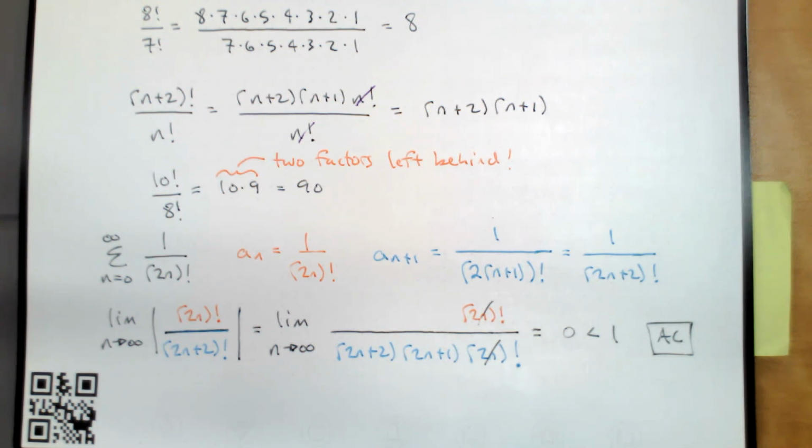Because the limit from the ratio test will be going to 0. If the factorial is in the numerator with no factorials in the denominator to keep it in check, then it looks like the limit from the ratio test is going to go to infinity, which will be greater than 1, unless we zero out all the terms, because a power series will always converge at the center. Is everybody okay? What do we think of power series?